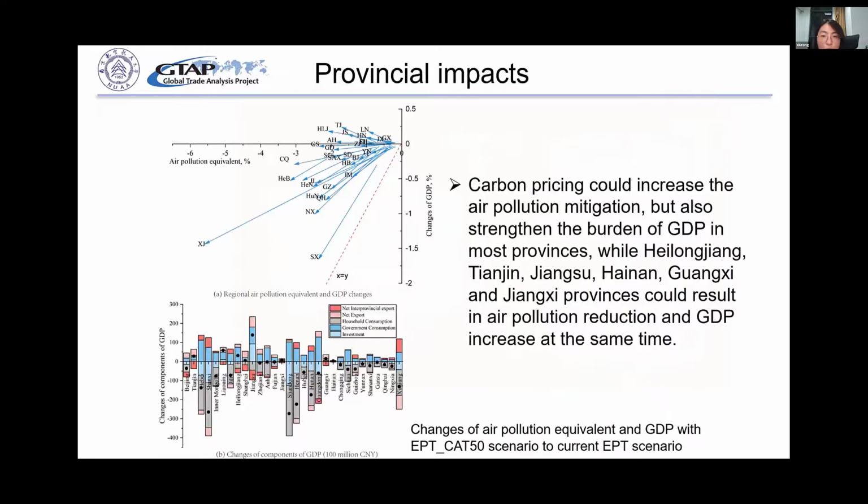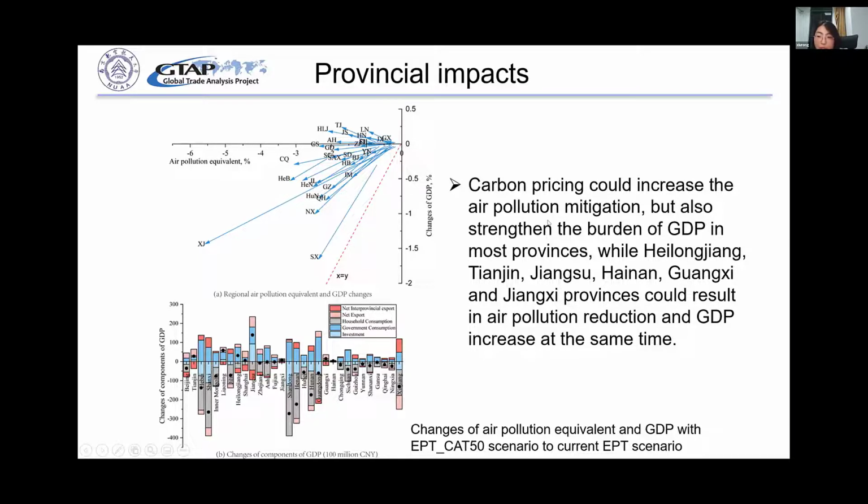And at the regional level, we compare the current EPT scenario with combining our current EPT policy with the carbon price. We can see that the carbon price could increase the air pollution mitigation, but also strengthen the burden on GDP in most provinces.